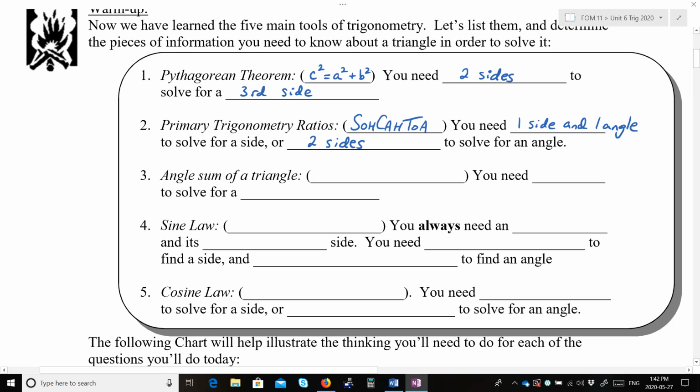So you need one side and one angle to solve for another side, or you could have 2 sides and then you can solve for an angle. And remember, guys, with the Pythagorean theorem and primary trig ratios, those are for 90-degree triangles. We also call them right triangles.